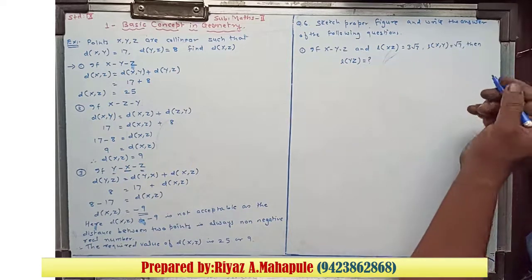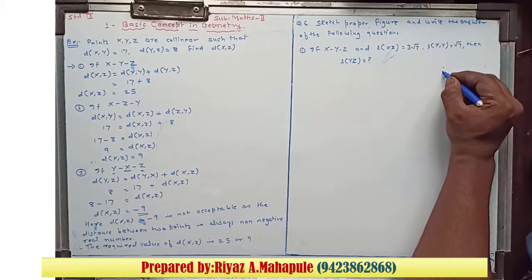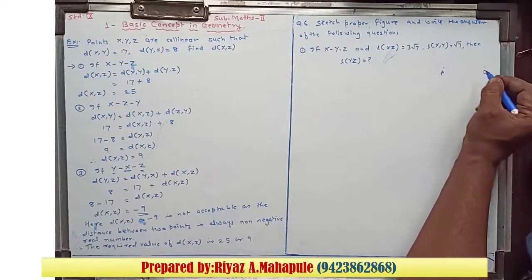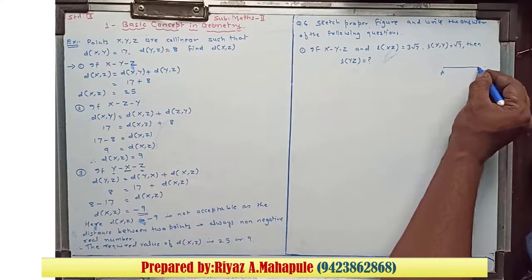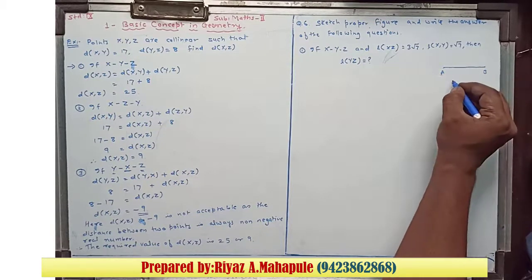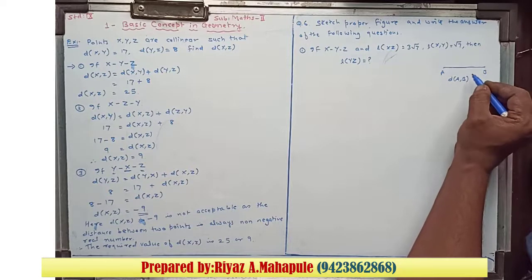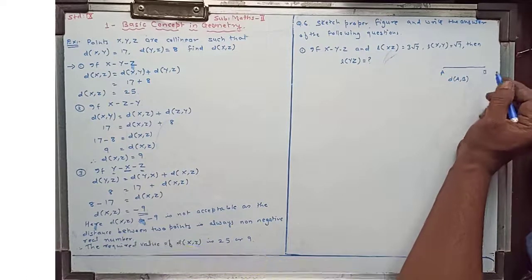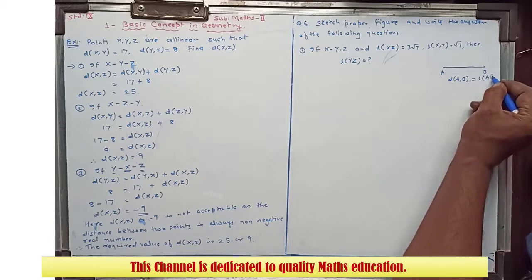Now here distance between 2 points: here point A is there, this is the point B, then the distance between A and B is denoted by distance of AB. But if you join A and B, then this forms segment AB, and the distance between these 2 points A and B is nothing but the length of segment AB also.